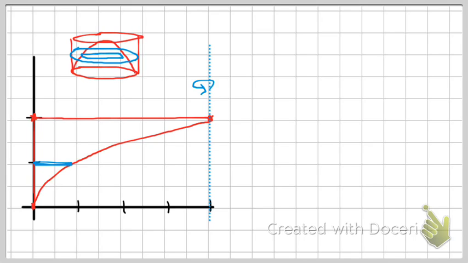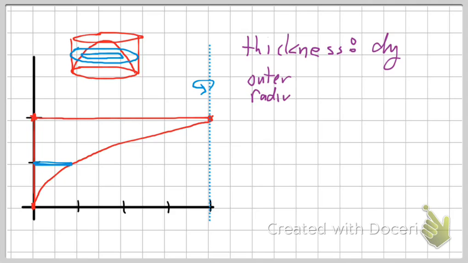All right. So for washers, what's the thickness for each of these washers? It'll be a dy. And then for washer, we have an outer radius. And we have an inner radius. Now keep in mind, the outer and inner radii come from the center of revolution, right?